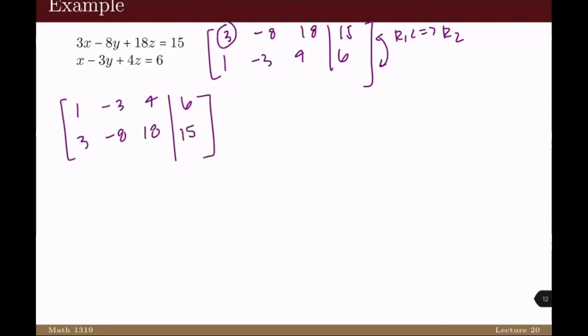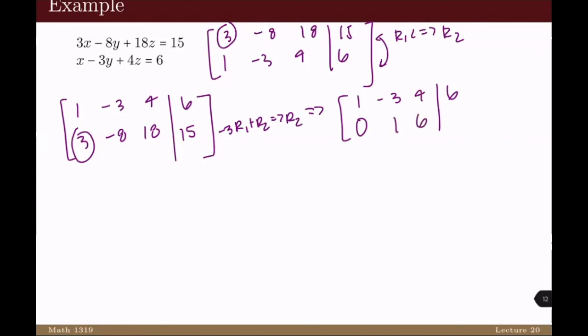So now I've got my 1. Sweet. The next thing I want to do is make this one a 0. So that means what I'm going to need to do is -3 times row 1 plus row 2 gives the new row 2. So that is going to be, my row 1 didn't change, and I will have 0, and then I will have a 1, and then a 6, and a -3.